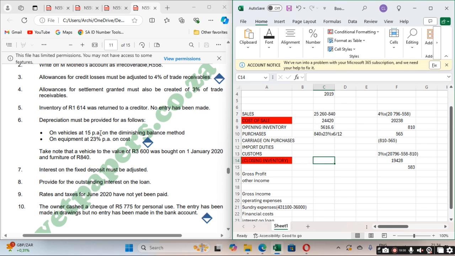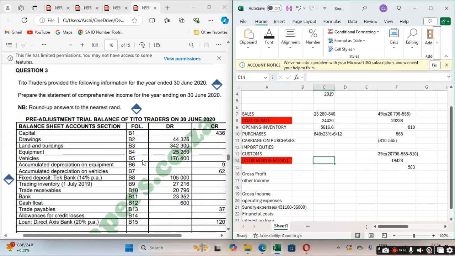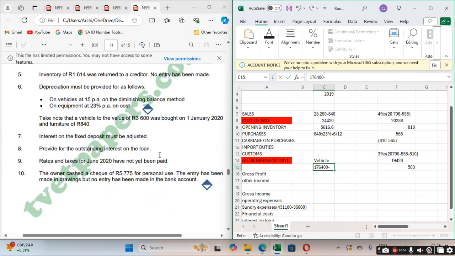The way we do this, we're going to say the cost for vehicle, which is 176,400 minus. So we're firstly going to minus what? The new vehicle that we've bought, which is 3,600.